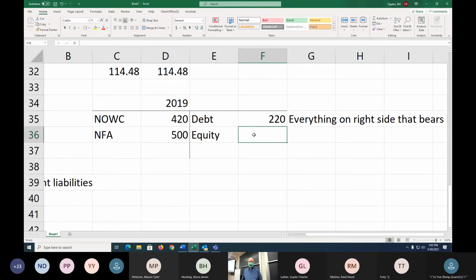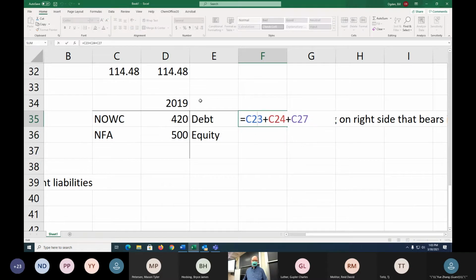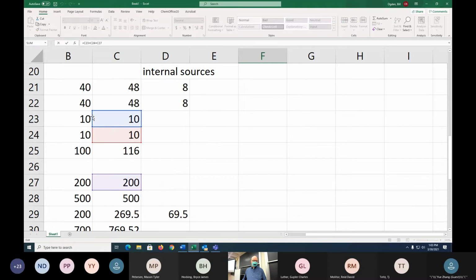And equity. Of course, equity. Oh, so sorry. Let me do this again. We should be doing 2019.